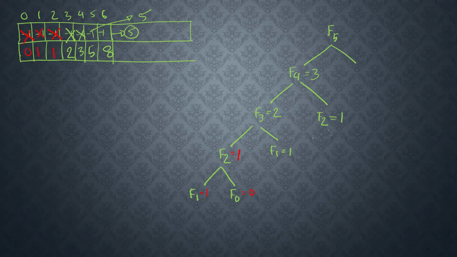But if we initialize the whole array with any negative number, let's say -10, that will work, because no Fibonacci number can be -10. If we see -10 in any of these indexes, we will be sure that this value has not been calculated already. We have to calculate it.